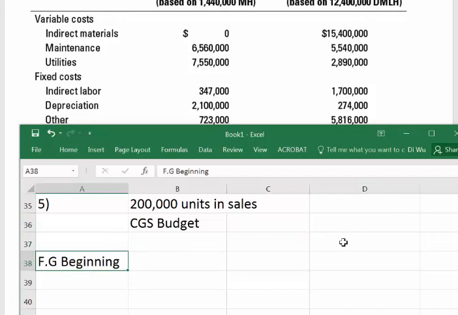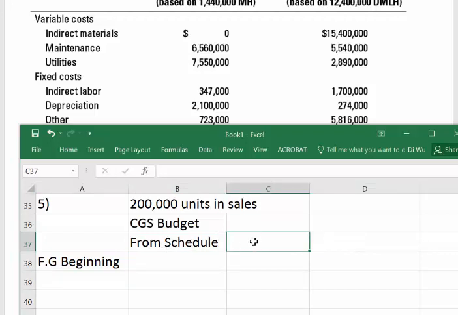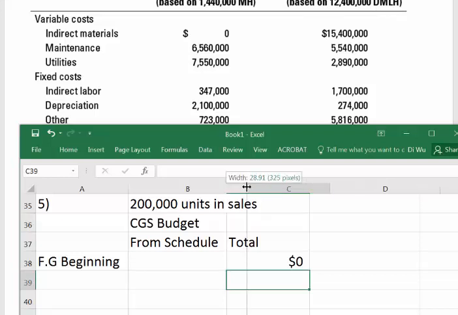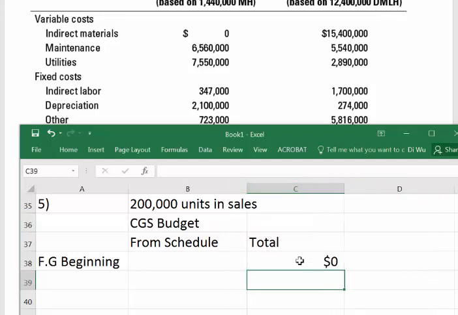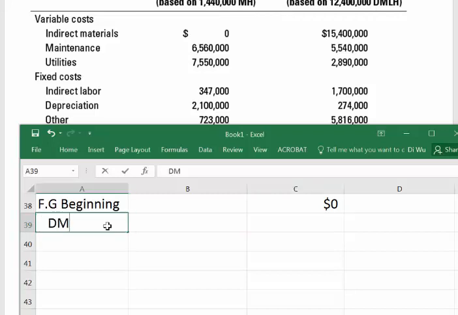First I need to look at the schedules I have, and next I'm going to look at the total. First of all, the FG beginning, I got $0 here. Pretty simple. You have no beginning inventory of your finished goods, which is very simple here.